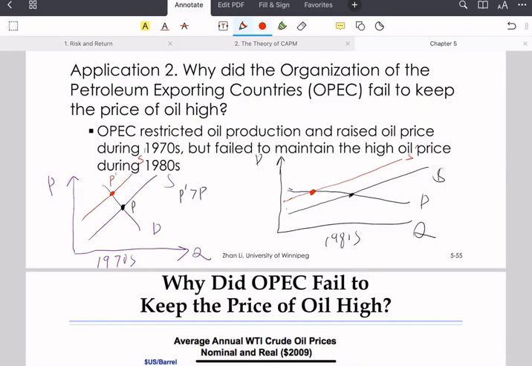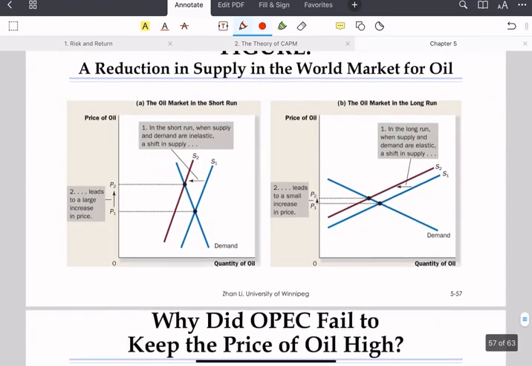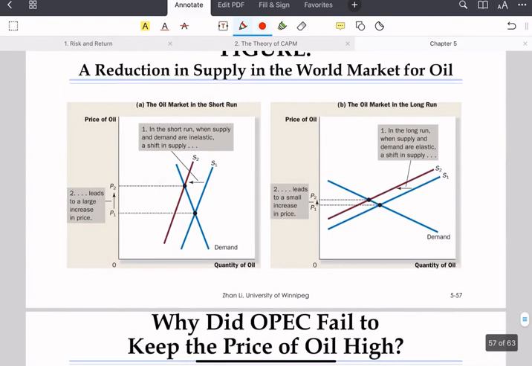Okay, I don't think I am doing a great job in drawing out these two different cases. So let's look at the textbook drawings, right? They're much better. So here you can see that we get a steeper supply curve and demand curve in the short run, that is in the 1970s.